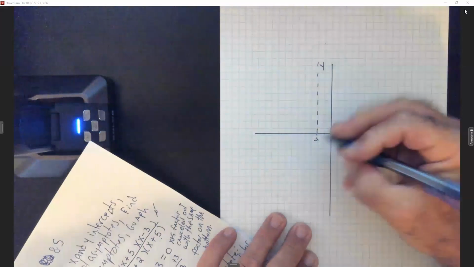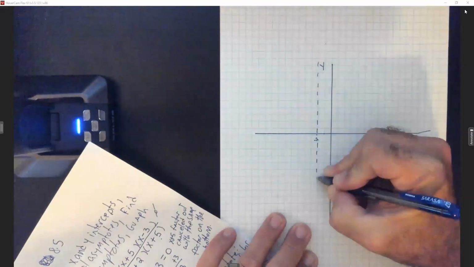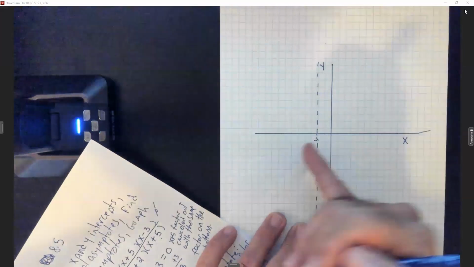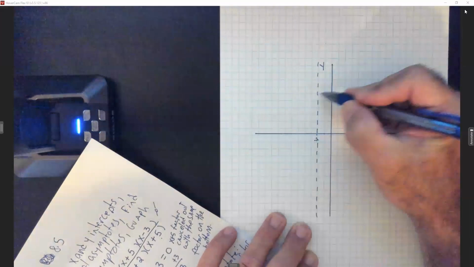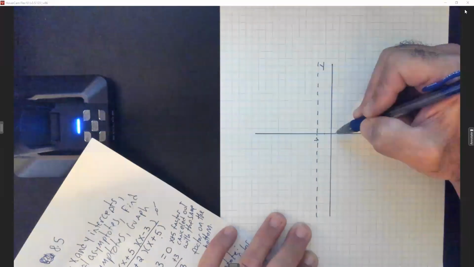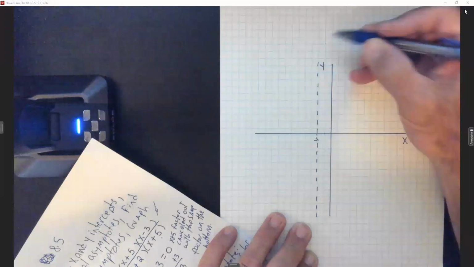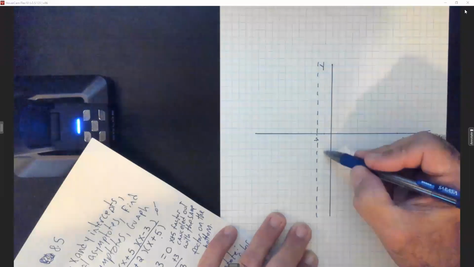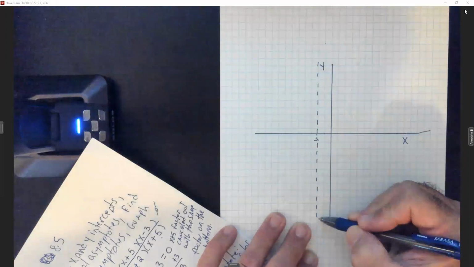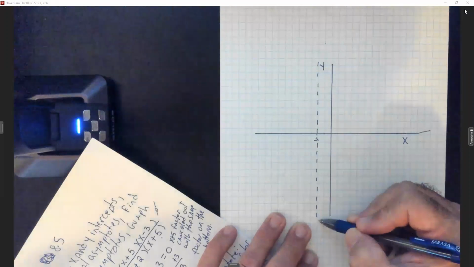Now, since that is a vertical asymptote, our graph cannot cross this line and touch it. So what happens is one side will go either up or it'll come down, and they head towards infinity. And y'all, they can get really close to that line, but since it's undefined, it will not cross it.